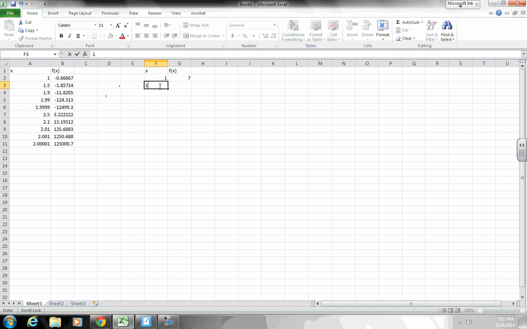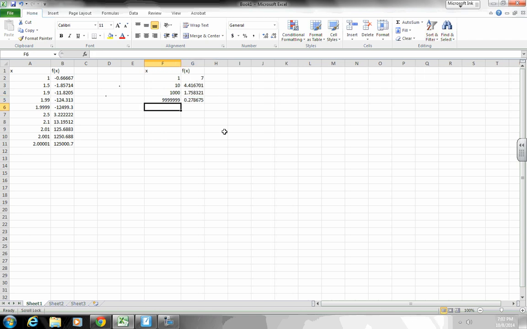But I'm going to increase the x and then see what happens to the values of the function. You know, the general pattern is what? It gets smaller and smaller, so eventually I make it large enough.